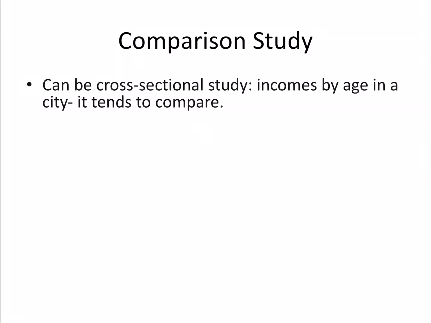A comparison study, like you said, is a cross-sectional study. If we wanted to look at incomes by age, if we wanted to look at a comparison of all-season versus winter tires, and so on, these would be examples of looking at one changing variable at one point in time.